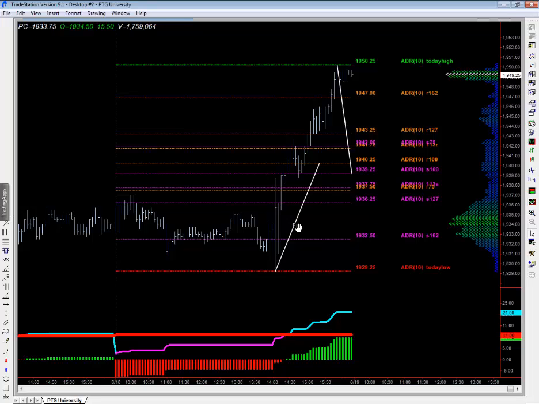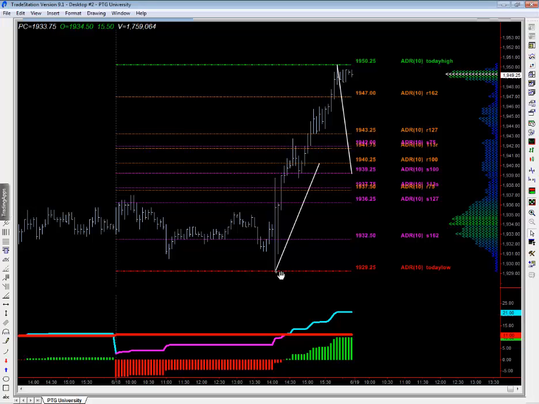Simply, many professional traders use this average daily range as a guideline because they want to know where price is relative to the average daily range. Are we above it? Are we below it? And what percentage of that average daily range is price currently trading? A pretty good guideline is the 75% value.